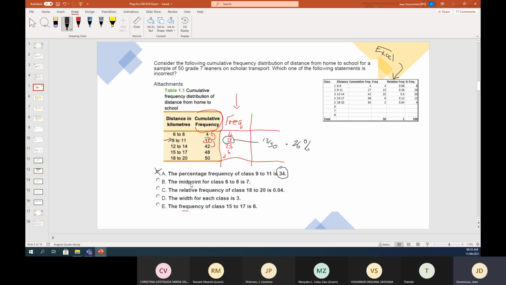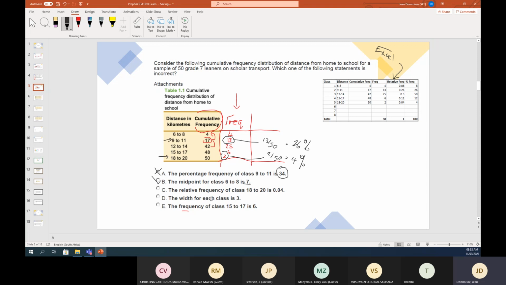Let's look at the other question. The midpoint for class 5 to 8 is 7. What is between 6 and 8? It is 7, so that one is correct. The relative frequency of class 18 to 20: it should be 2 divided by 50, which gives you 0.04, or 4% as a percentage.